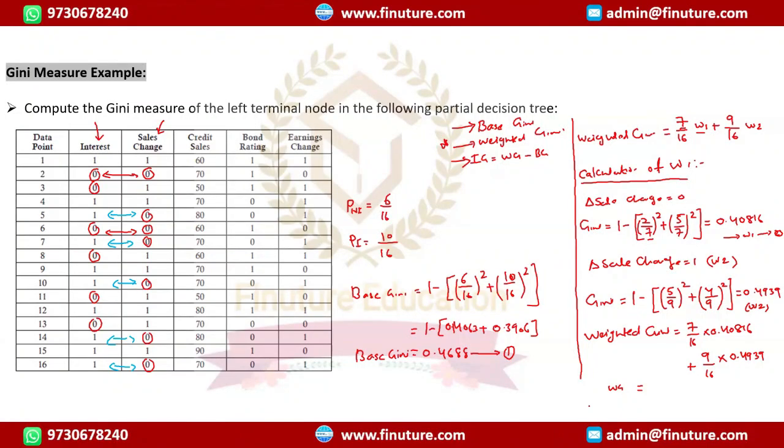0.4564. Can anyone confirm, like if anyone has calculated? Vipin, 0.4564.